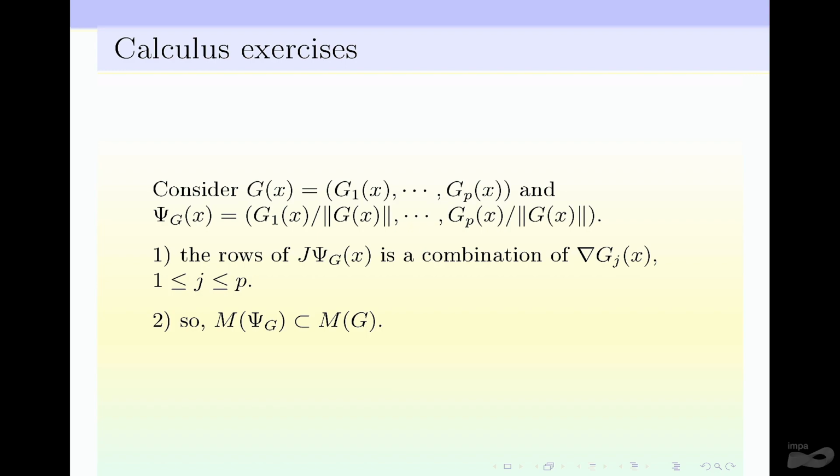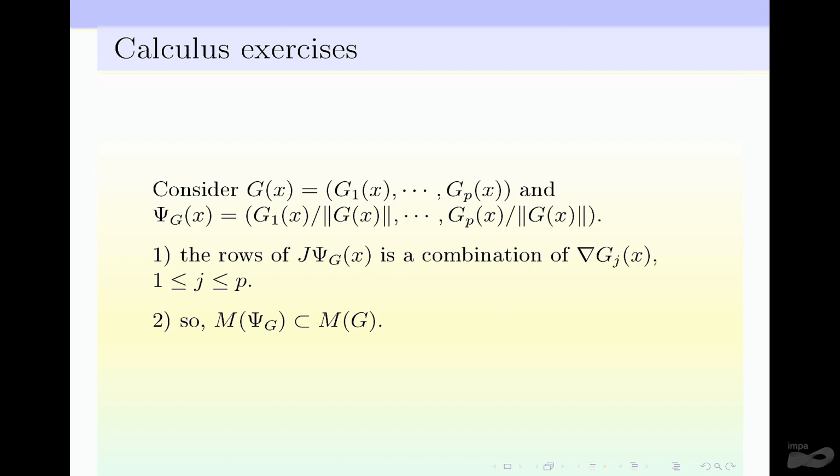So what can you conclude here? If a point is here, it means that the gradient of rho is a linear combination of the omega j's, but since the omega j's are a linear combination of the gradients of the Gj's, the point is here.